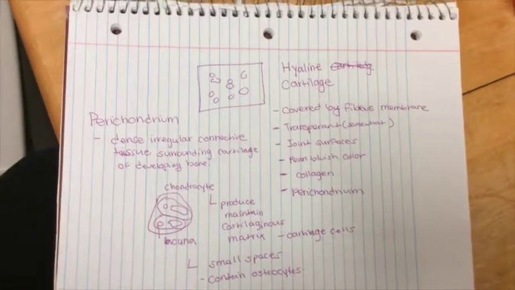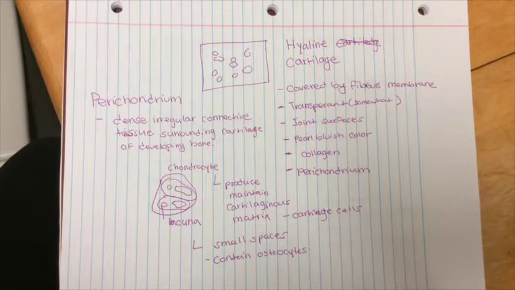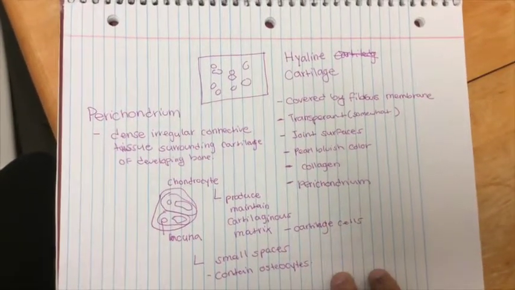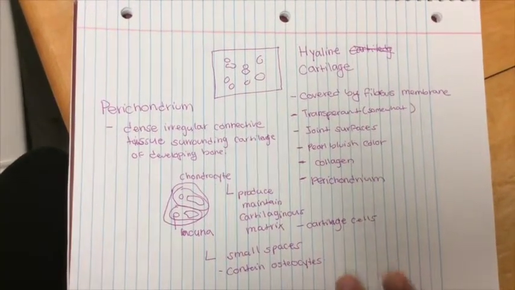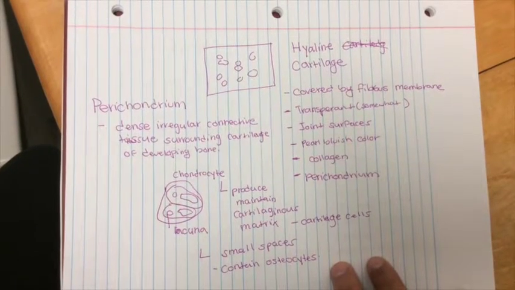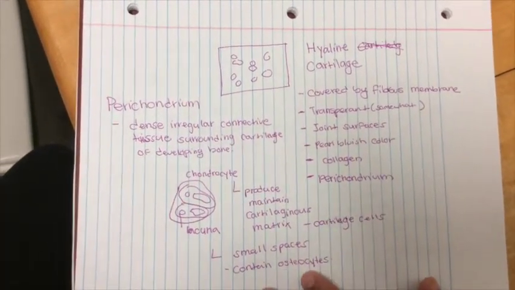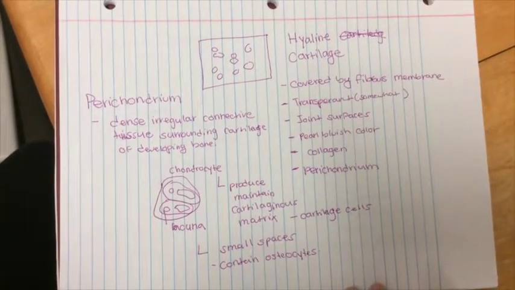And then here, I'm just going to quickly explain hyaline cartilage. Hyaline cartilage is somewhat transparent, but it also produces a pearly bluish color. It is made of, has high amounts of collagen, and it is covered by a fibrous membrane, which is the perichondrium.